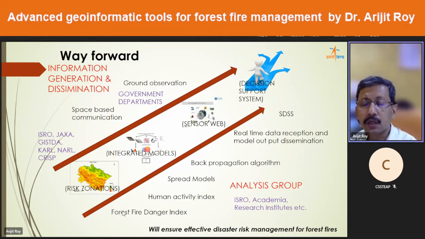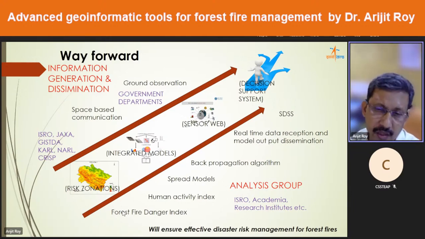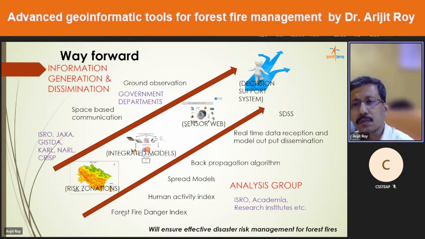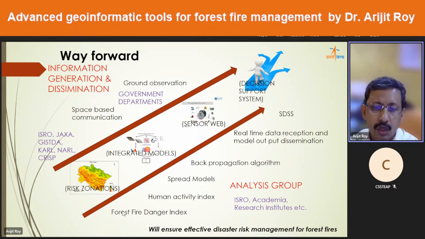And we need the help of the analysis group, especially the academia, the research institutes, and organizations like ISRO, to provide us a real-time spatial decision support system, which will ensure effective disaster risk management for forest fires.